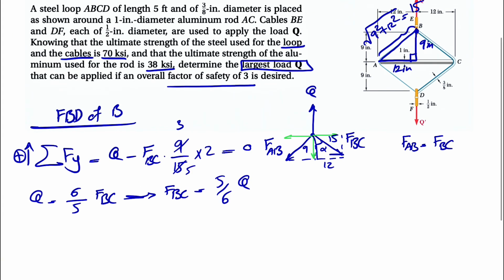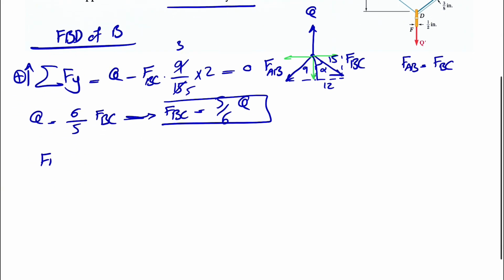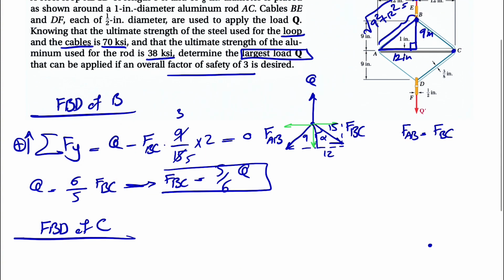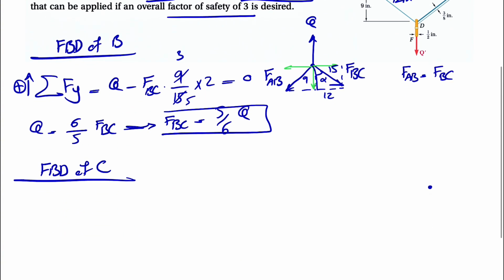So now we have the force in the loop with respect to Q, and we're going to do the same thing in order to find the force in the rod AC with respect to Q. For that, we're going to draw the free body diagram of point C. If we draw the point C, we'll see that we have the two forces of FBC and FCD.